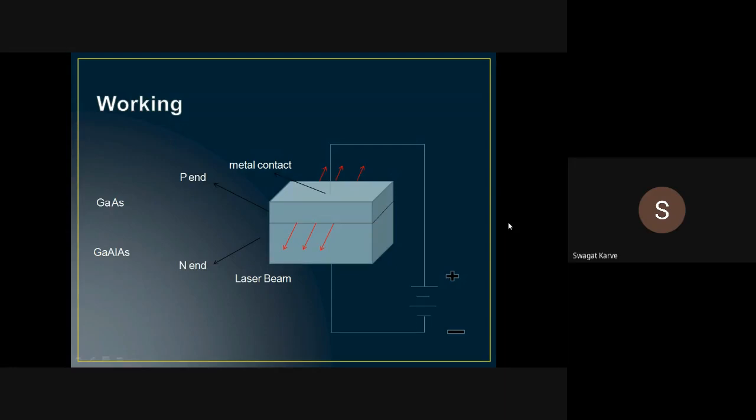And then from one p end and another p end, and from one n end and another n end, we are getting the beam formation or the laser formation, whose intensity is much larger than the homojunction semiconductor laser, right?